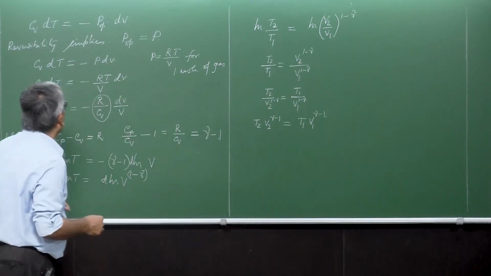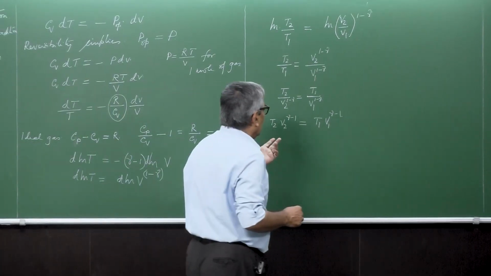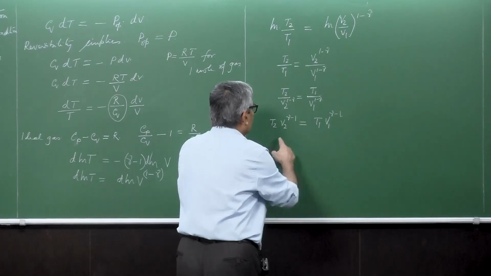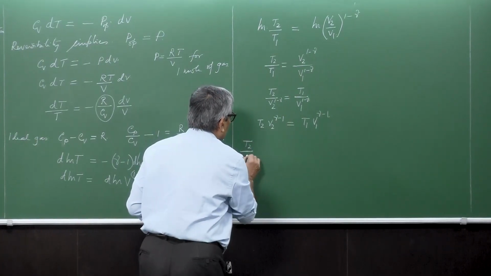If I want to find out the relation between the pressure and volume for the ideal gas, I will replace T2 by T1.